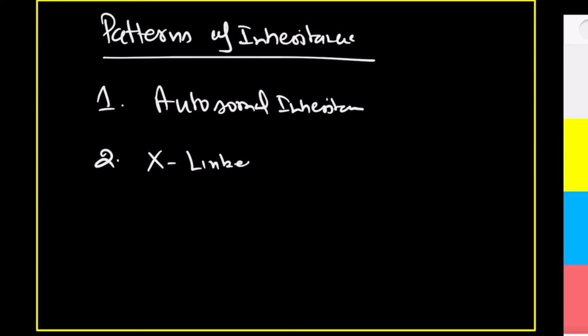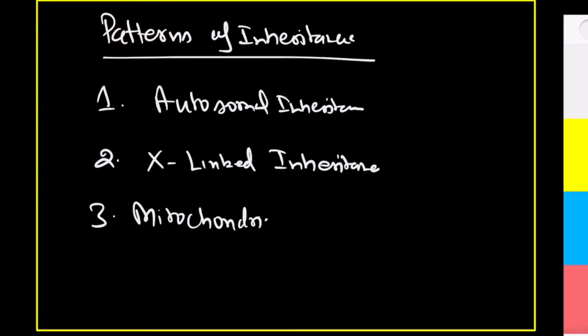Another, it can be X-linked inheritance. Yes, there can be a third type of inheritance, that is mitochondrial inheritance. That we will discuss when we discuss extrachromosomal inheritance.